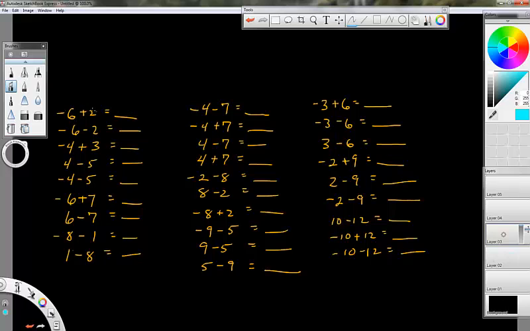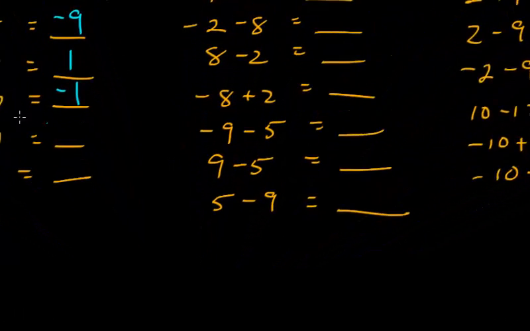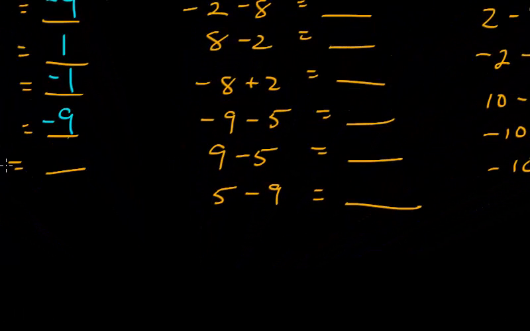Signs are, I'm just going to say different subtract or same add each time. So this would be different subtract -4, same add -8, different subtract -1, different subtract -1, same add -9, different subtract 1, different subtract -1, same add -9, different subtract -7.